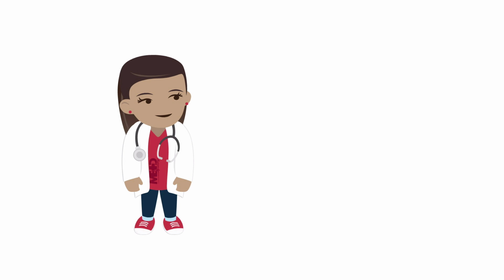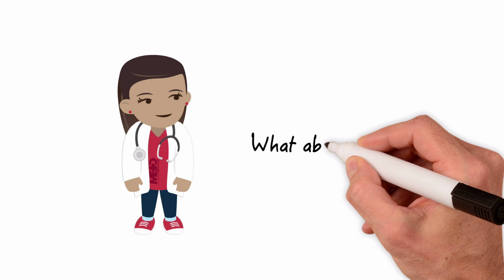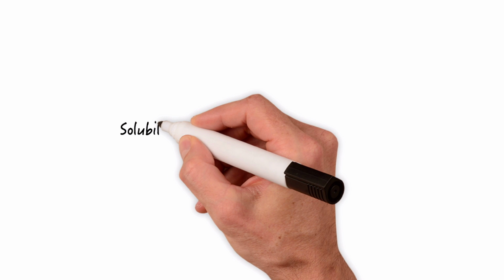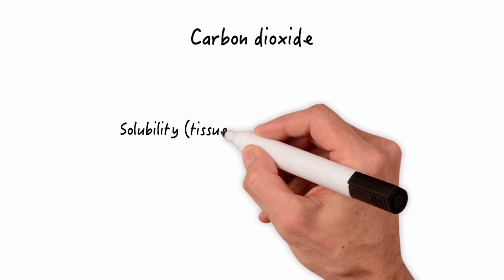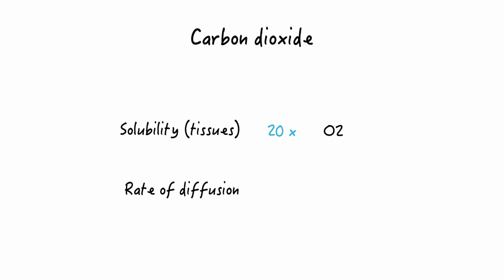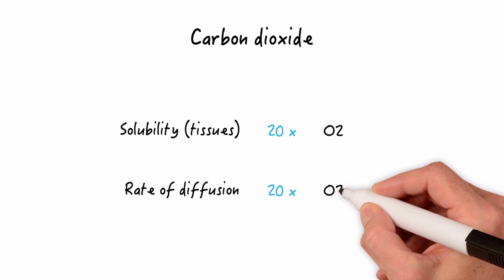After all this attention on O2, what about CO2 exchange across the lung in health and disease? The solubility of CO2 in tissues is about 20 times that of O2, and the rate of diffusion across the alveolar capillary membrane is about 20 times that of O2.